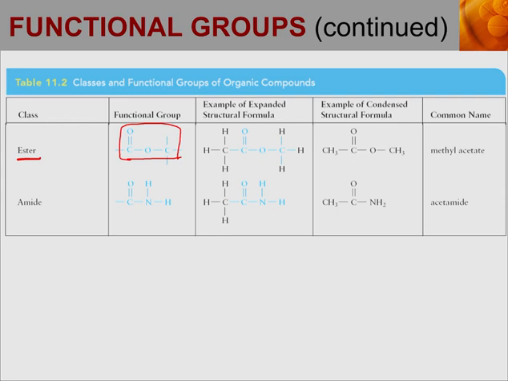And then we have a similar situation here, but we've got a carbon with a double bond to oxygen, and then on one side we have an amine attached, so a nitrogen group. This would be called an amide. So if you see a nitrogen group next to a carbon with a double bond to oxygen, instead of an amine, we call it an amide.